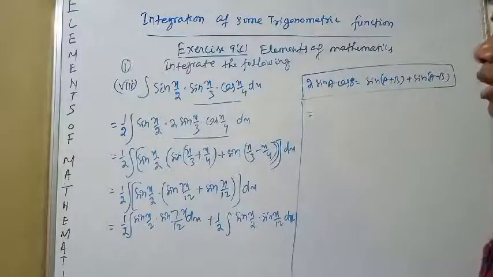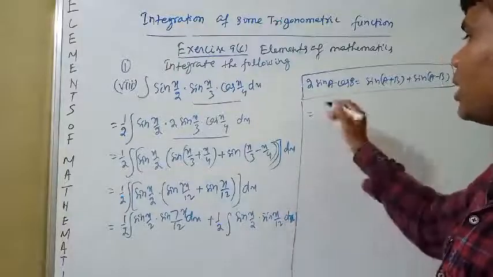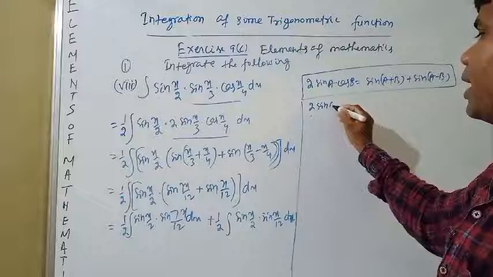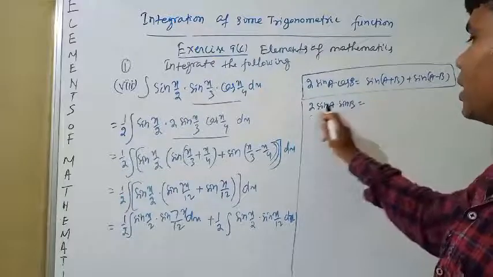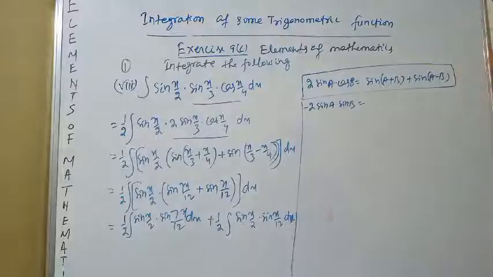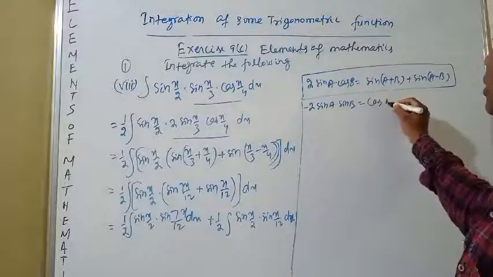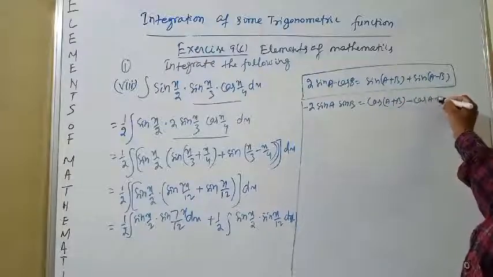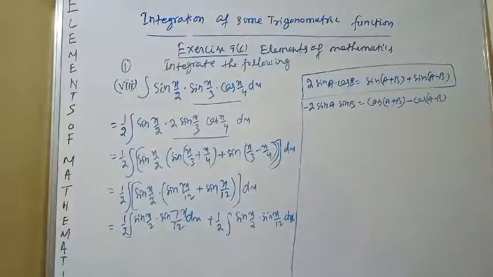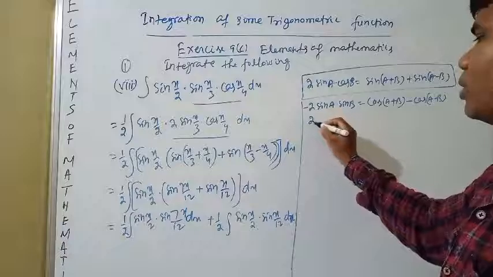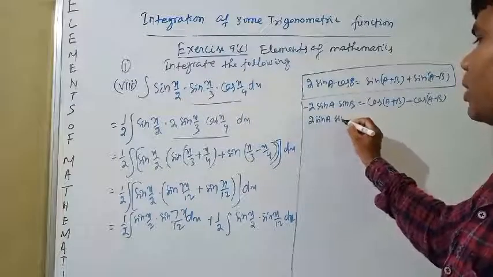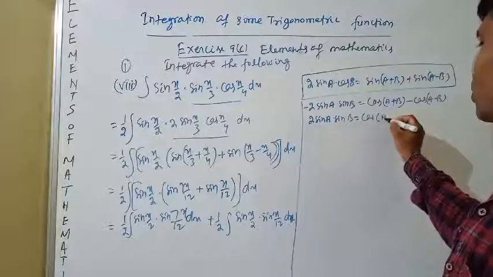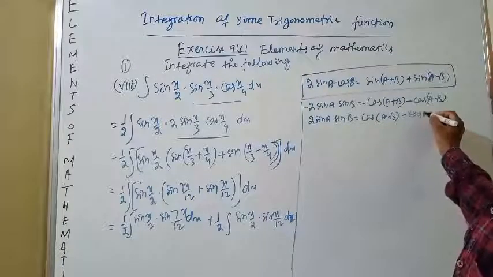Now you have to use another formula. What is the formula? 2 sin a into sin b is equal to cos a minus b minus cos a plus b.